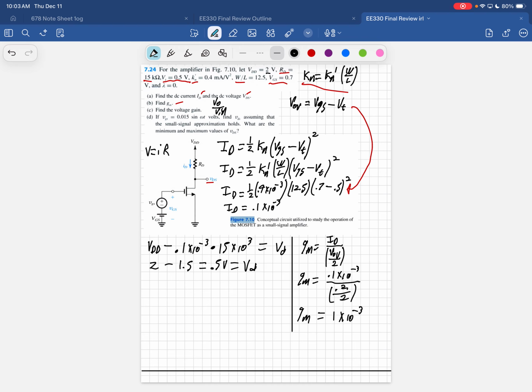Our Vout is our VDS. The only reason you can tell that is because they put a little node. You can also tell it based off of the type of amplifier. In the book, I think they actually define each type of different amplifier, and then you can identify them just by looking at where the resistor is. I think this is called a common source amplifier.